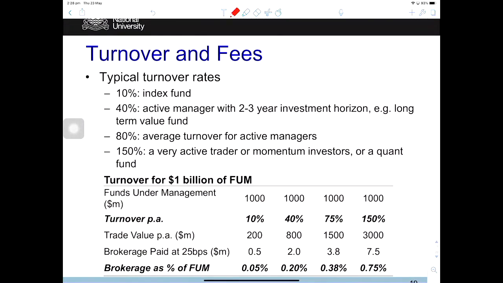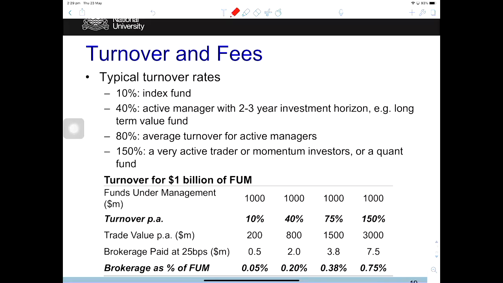Turnover and fees. Turnover is associated with transaction cost, especially brokerage. With typical turnover, like Vanguard Australian shares, the turnover is below 10%. Whenever there's a change of the index, there will be buys and sells within the Vanguard Australian shares index, so the turnover is about 10%.